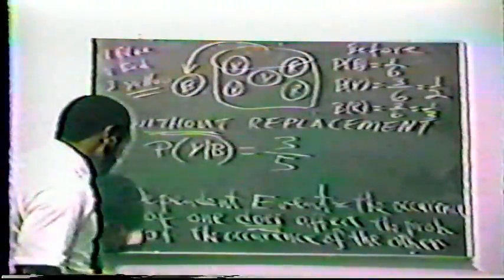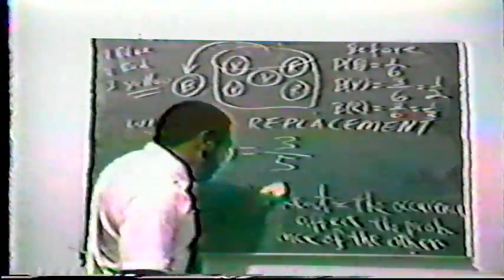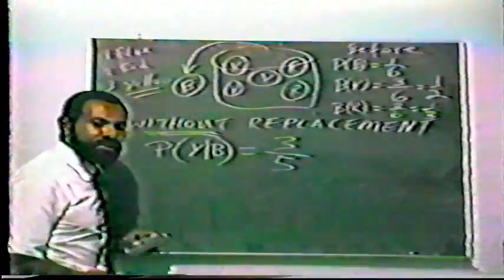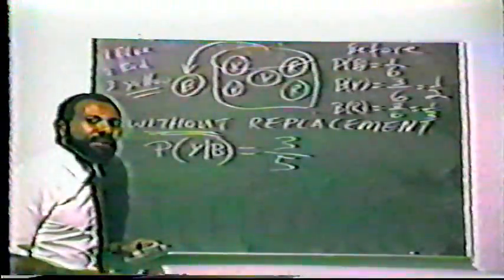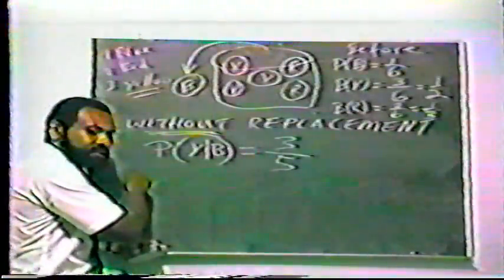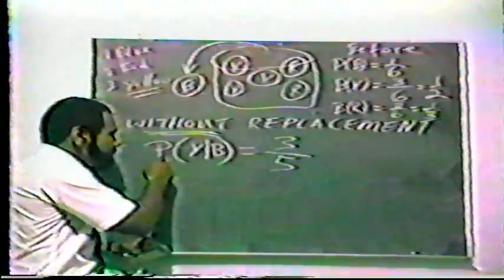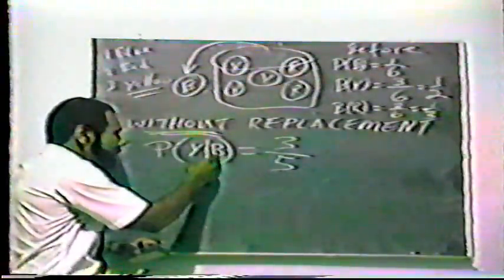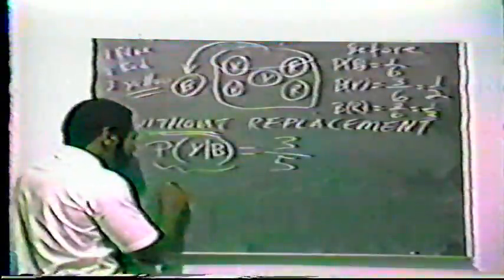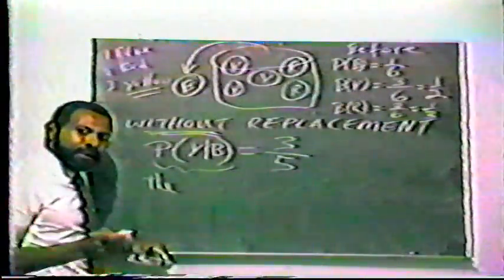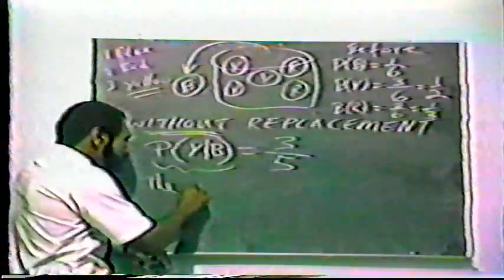Now, as I said, the symbolism that we have here for dependent events is different than the symbolism for independent events. After you take the blue ball out, if you have dependent events, you say the probability of getting a yellow ball given that I've already taken a blue ball out. That's how you would read this, and it would be a good idea for you to write this in your notes.